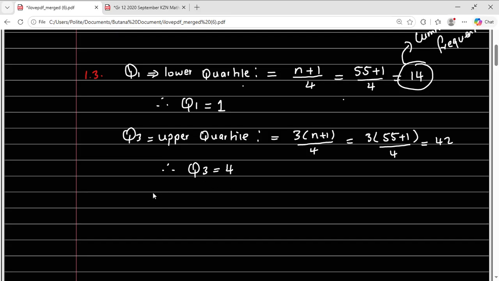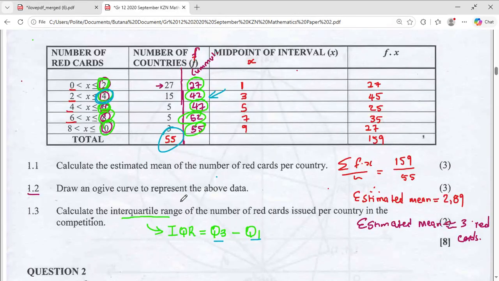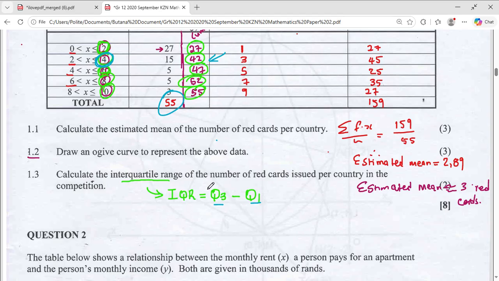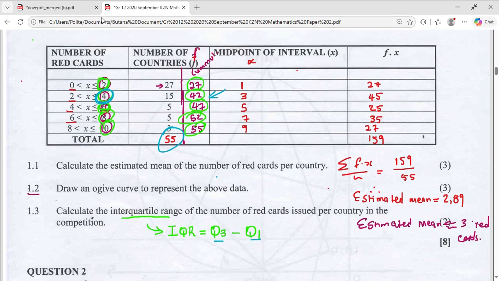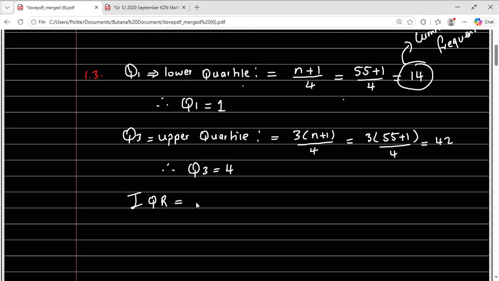Remember, the question said calculate the interquartile range. So the interquartile range is the difference between Q3 and Q1. My Q3 is equal to 4, minus Q1, which is 1.